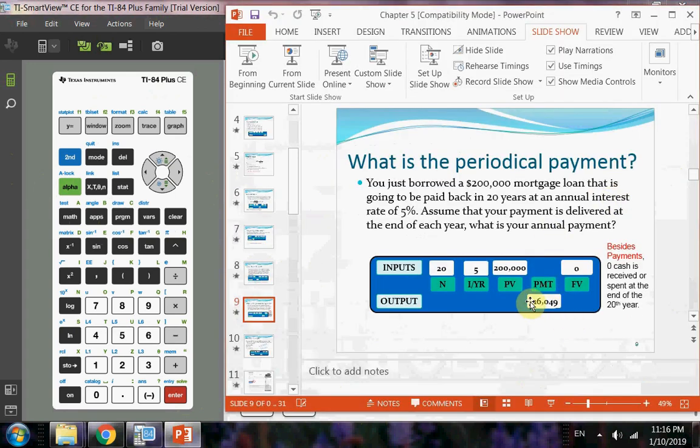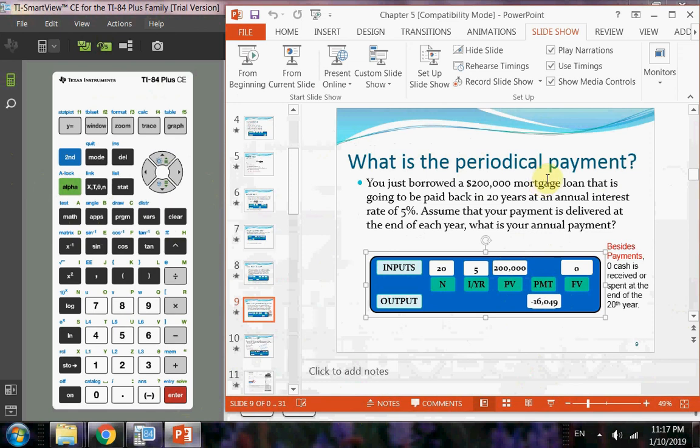Some of you may think, well, if I'm paying for a house, I pay that $200,000. So $200,000 is coming out of my pocket as the payment for my house. Should that be negative? I understand that. The thing is, we're talking about the relationship built between you and the financial institution or the bank you borrow money from.